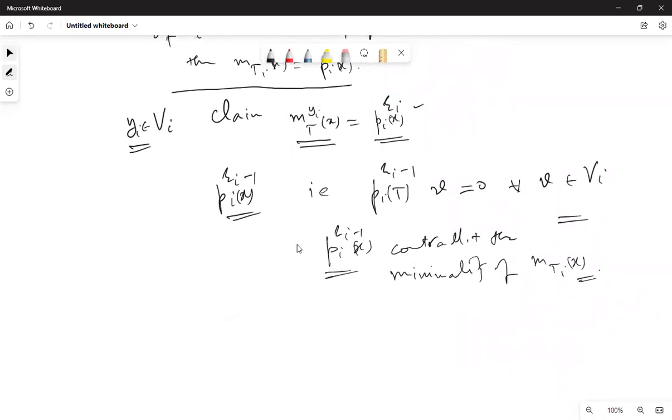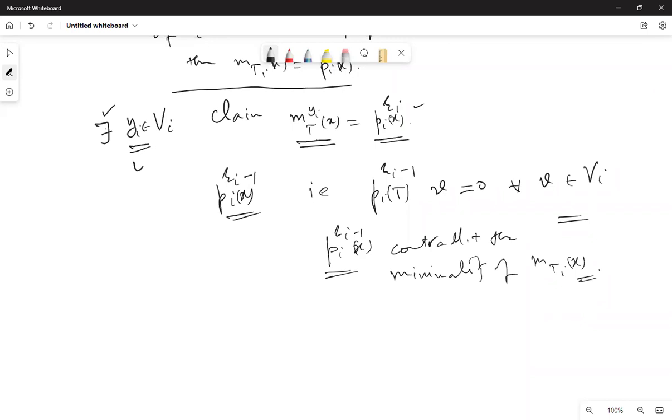Could you please explain the last portion again? Yeah, let me explain. I just say that there exists at least one yi in Vi for which the annihilator of yi is exactly pi(x) raised to the power ri.